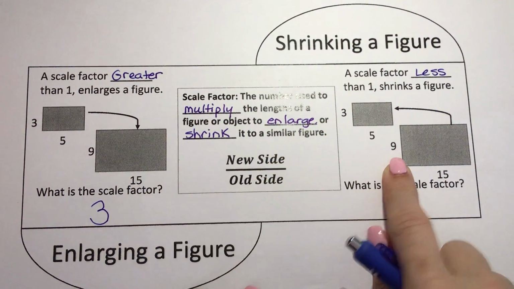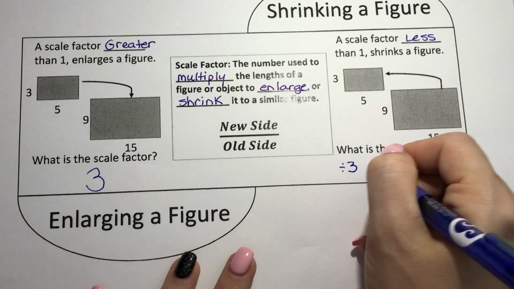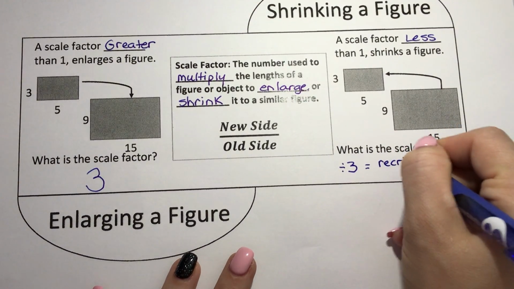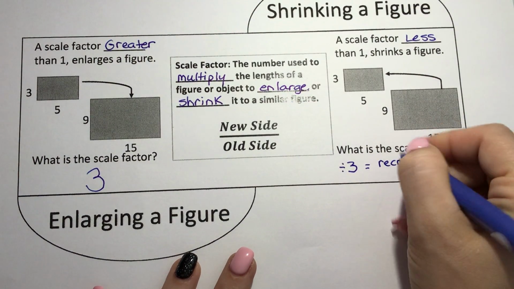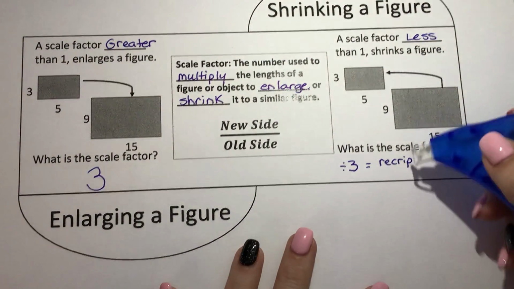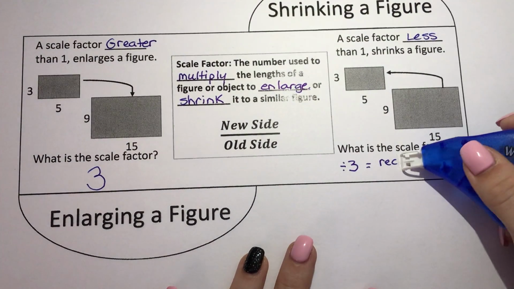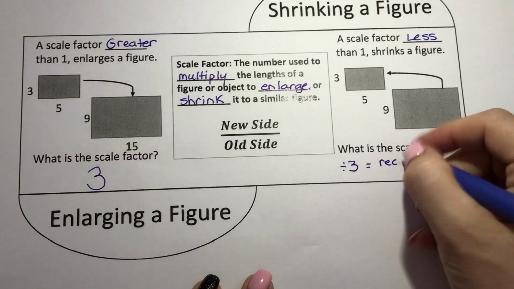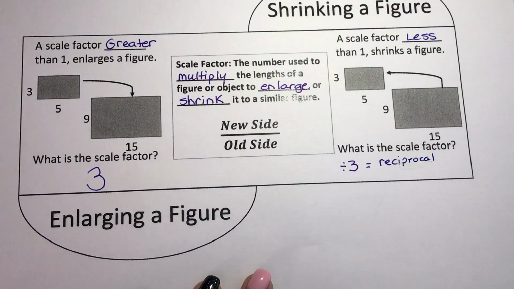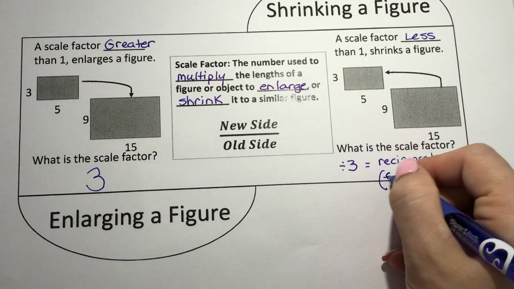So what I do is I divided by 3, right? That means I'm going to flip that upside down to find the reciprocal. If I can spell that correctly. I'm writing too fast. So the reciprocal of 3, that means flip upside down.